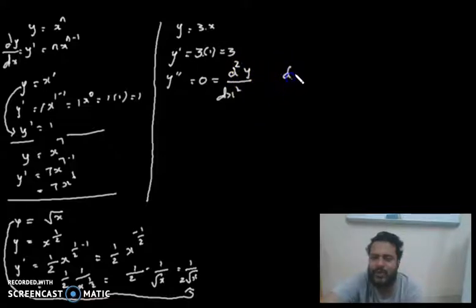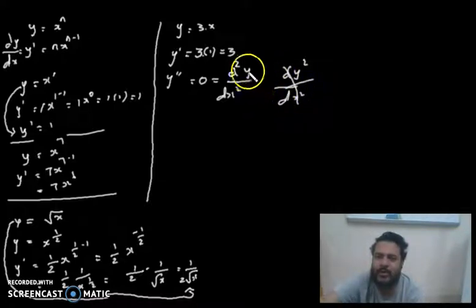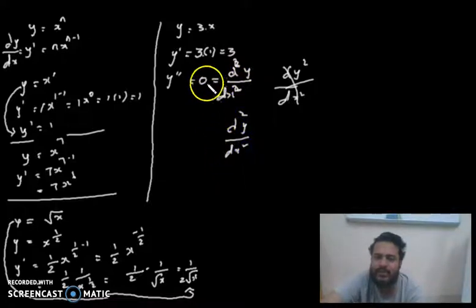Please don't write it as dy²/dx². This is wrong because we are finding the derivative of y two times with respect to x two times, so d²y/dx² is correct, not dy²/dx².